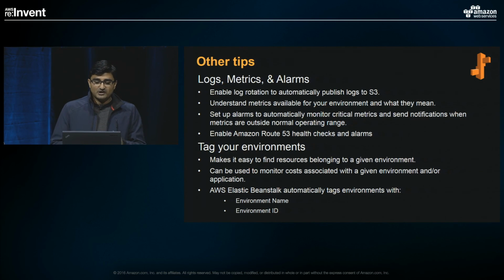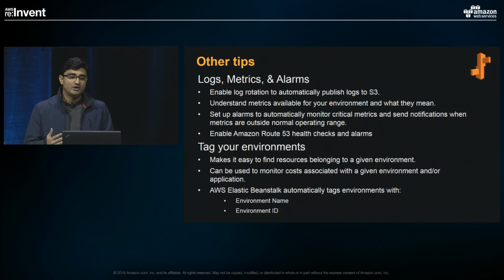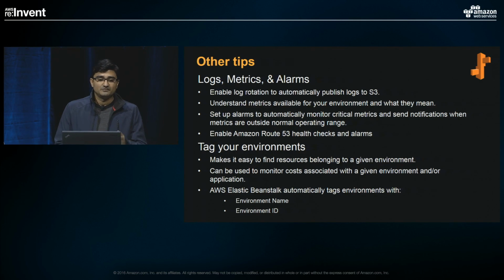So you can use cost allocation reports to track the usage for AWS resources. The reports include both tagged and untagged resources, but they aggregate cost according to the tags. Elastic Beanstalk recently updated the number of tags that you can use from 7 to 47. 3 of them are reserved by us, which includes environment name and environment ID.